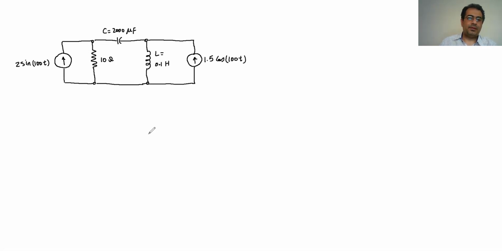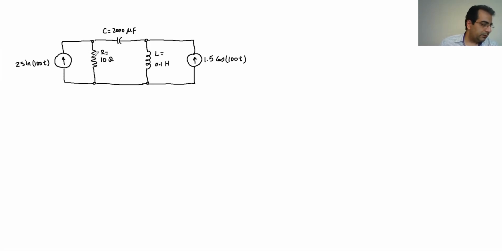So assume this is what we have, and this is the R, and we want to analyze this circuit and find the voltage V1 at this node here.